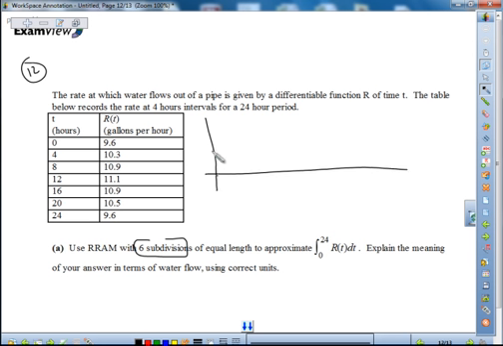When x is 0, y is 9.6. When x is 4, we're at 10.3.